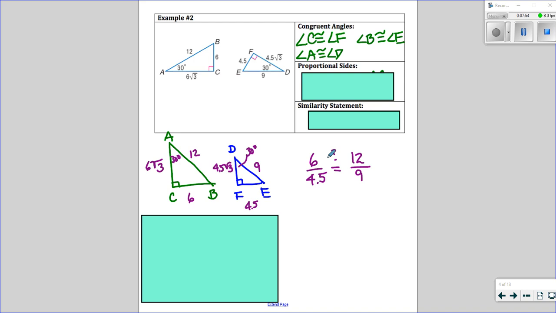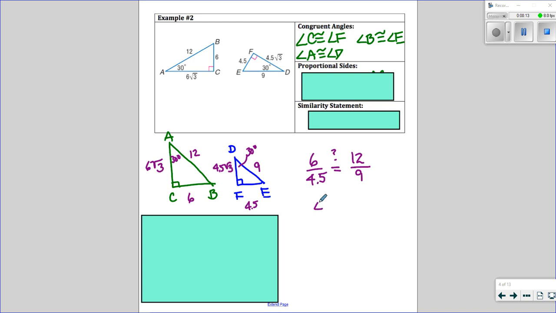I could cross multiply and see if both sides give me the same number, or I could just divide 4.5 into 6, or reduce it.